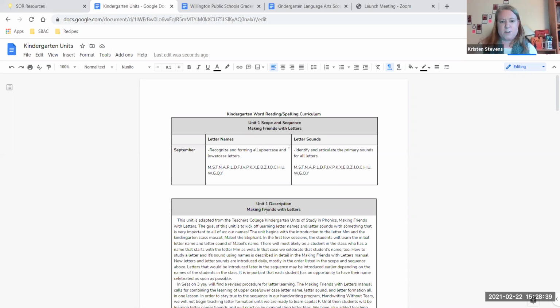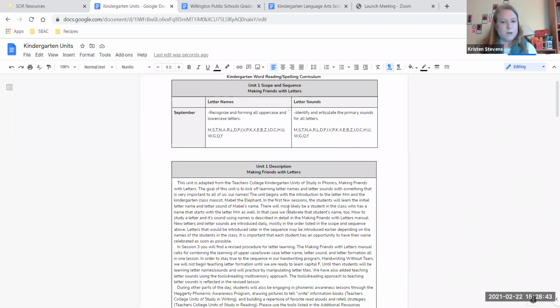And then it starts with a unit description. So in the first paragraph, it basically goes through an overview of the actual unit, Making Friends with Letters, what it's all about. What I do like about the phonics workshop is it starts kids with something that's really important to them. It starts with teaching kids letter names and letter sounds through their names, and the names of the people in their class, and the names of their teachers, and the names of book characters.